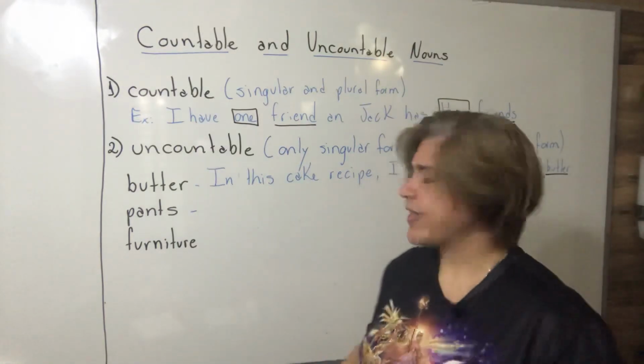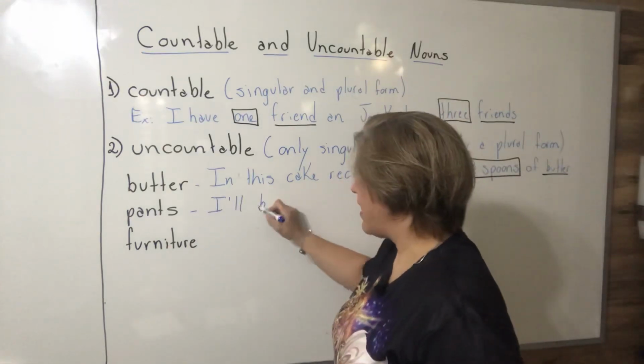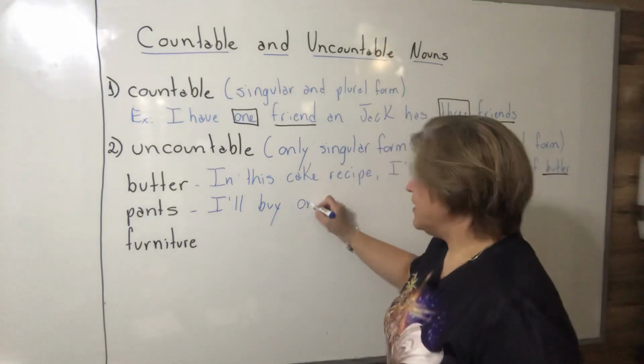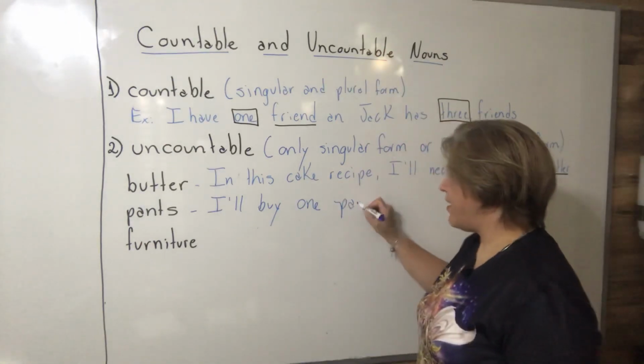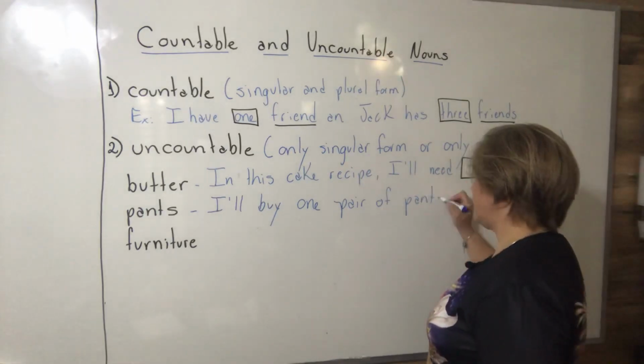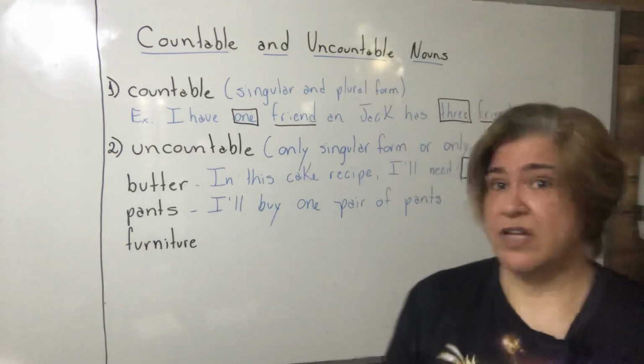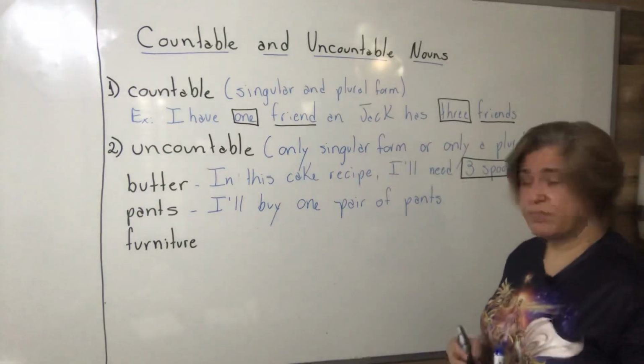Okay? So, and if I want to buy uma calça, how do I say this in English? Do not worry. You just say, I'll buy 1 pair of pants. This is how you can count pants. But look, the word pants is always in plural.